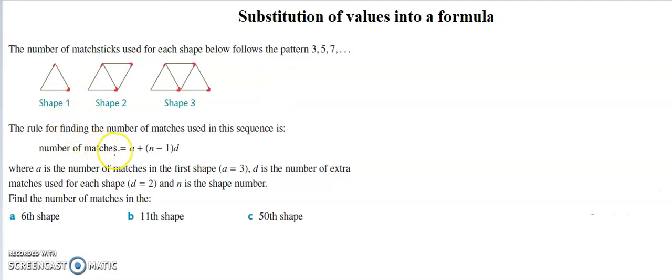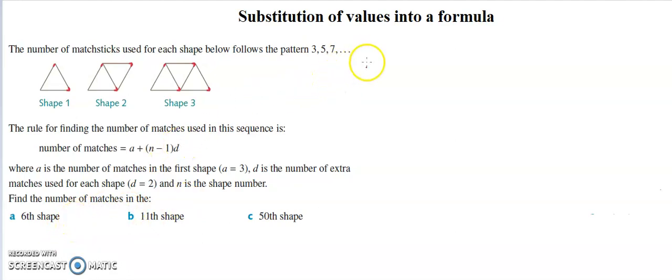The rule for finding the number of matches used in this sequence is number of matches equals A plus, in brackets, N minus 1, in brackets, D, where A is the number of matches in the first shape, A equals 3, and D is the number of extra matches used for each shape, D equals 2. And N is the shape number. Find the number of matches in the sixth shape.